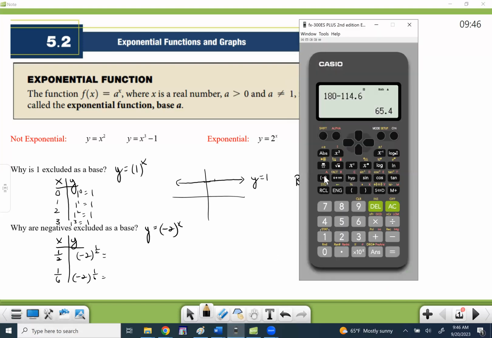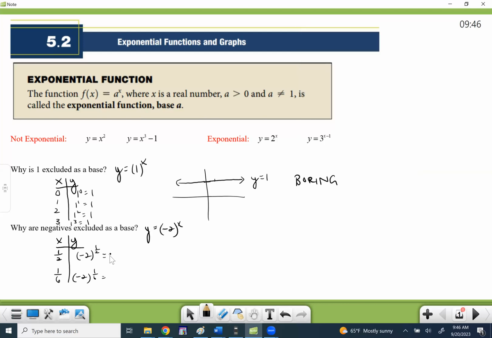I make sure I use parentheses because I want that negative to also get the exponent. And I raise it to the 1/2 power. You can see we get a math error. And it turns out that you're going to get an error for any non-integer value, so anything that's not a whole number. We can't even substitute in things that aren't integers.